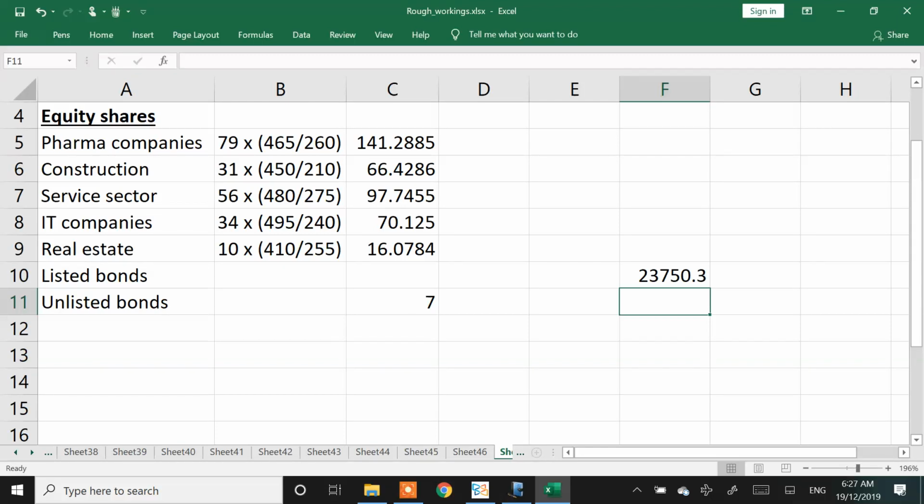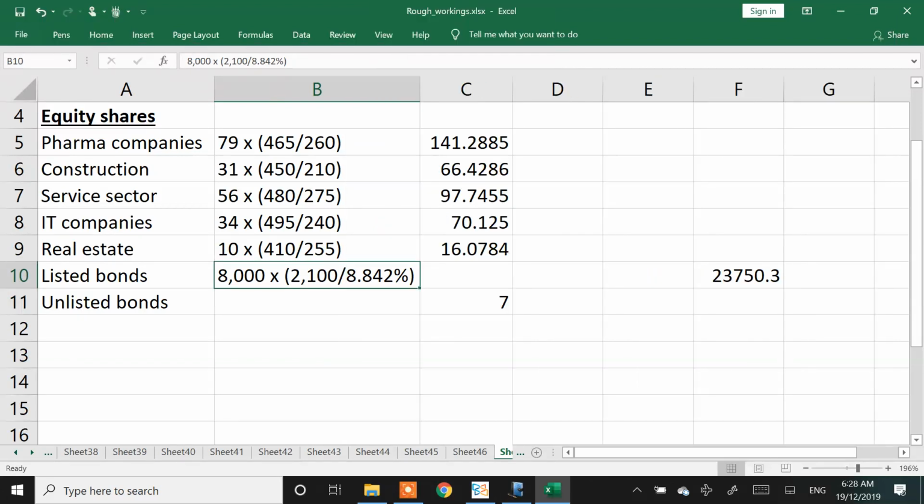So what I am going to do is, listed debentures is 8,000 into 2,100 divided by 8.842%. 8,000 bonds into 2,100. 2,100 is the interest per bond divided by 8.842%. Any doubts on this?